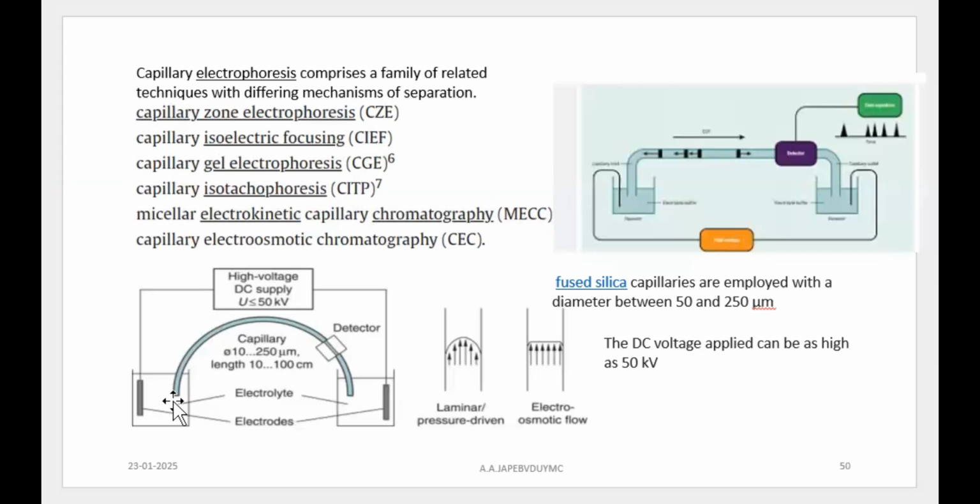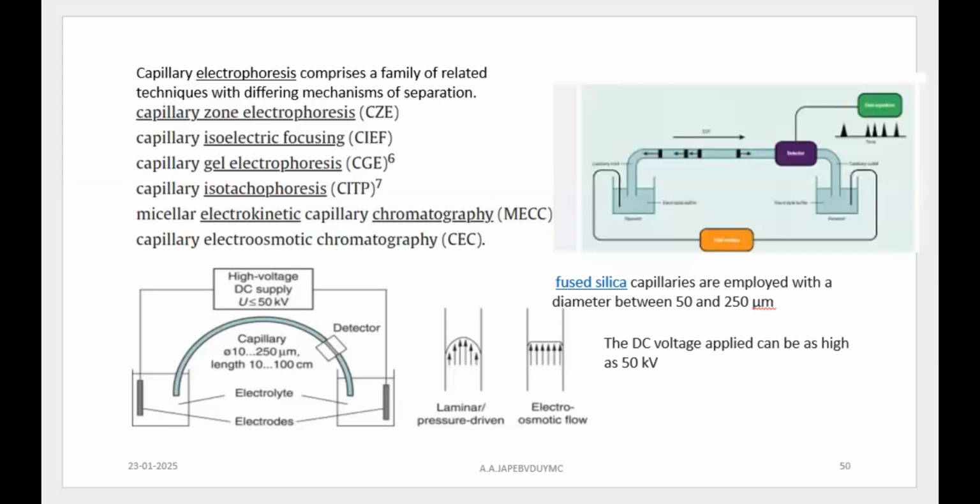So as the analytes migrate, they will come in the field of ultraviolet light, and the signals will be transmitted to the recorder. They will be integrated and computerized, and you will get the output. So generally within 10 to 30 minutes, a capillary electrophoresis run can be concluded. So this is an overview of the capillary electrophoresis system.